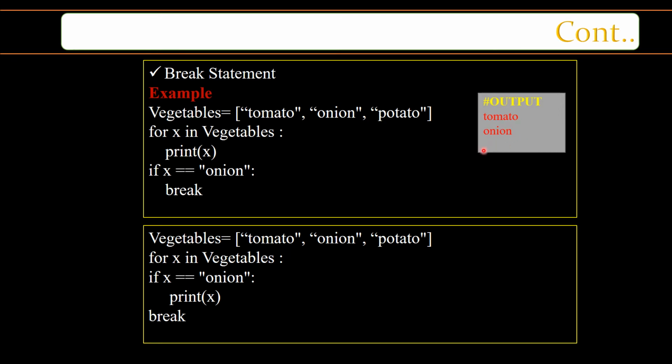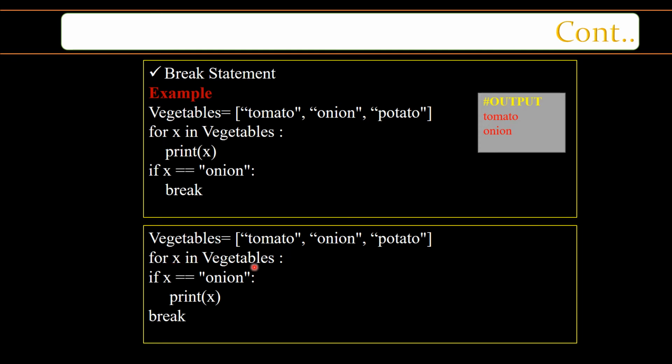The next example: here, what I have done is, before the break statement I have used print x. See here I have the vegetables, the same tomato, onion, and potato.